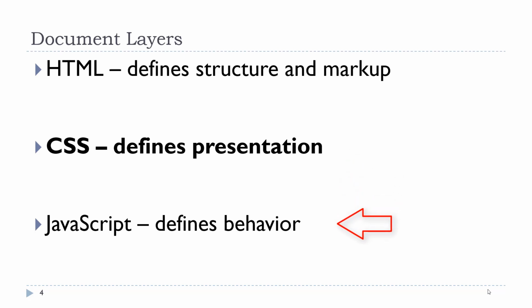I would also like to point out that we have the JavaScript language that also works with the web page, and that defines the behavior. And by behavior, I mean how the page acts, and in many instances, how it acts when the user does something, such as clicking on a button or filling out a form.